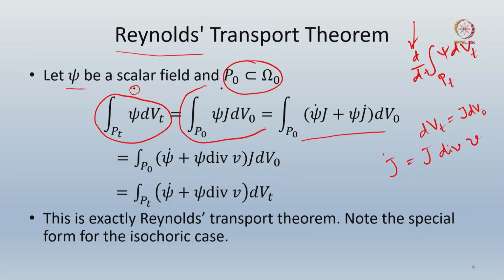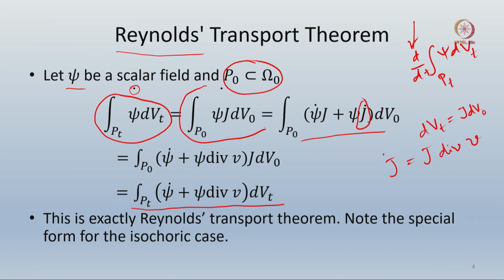So I can use this to replace j dot here and write it in a simplified form, with j coming out of both terms as a common factor. Finally, after a simple manipulation, I get this: the integral over pt of psi dot plus psi divergence of v, d capital Vt.